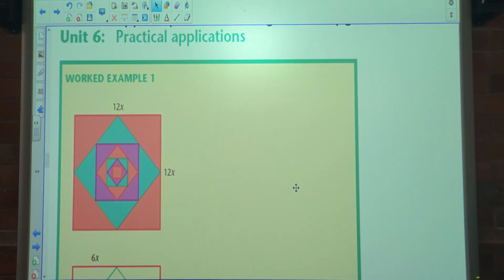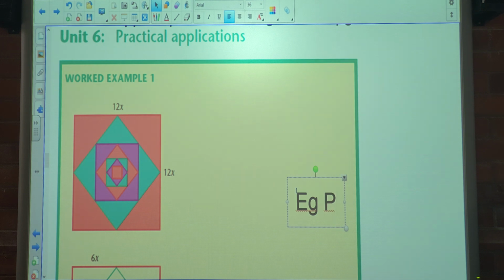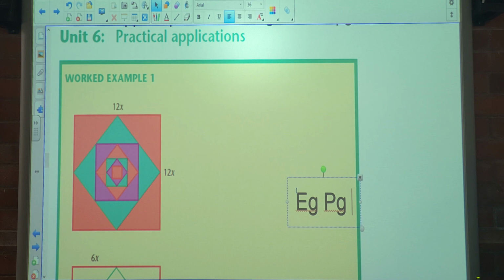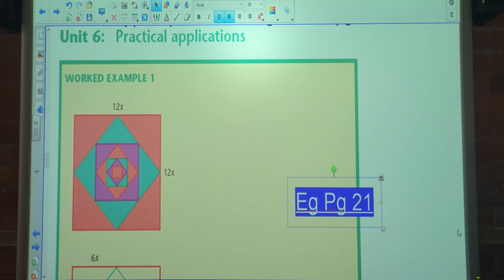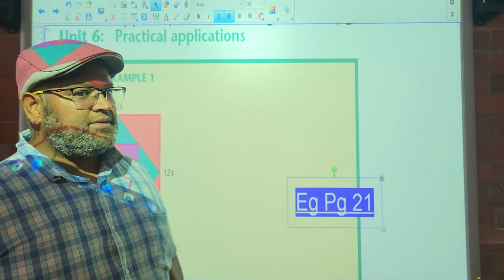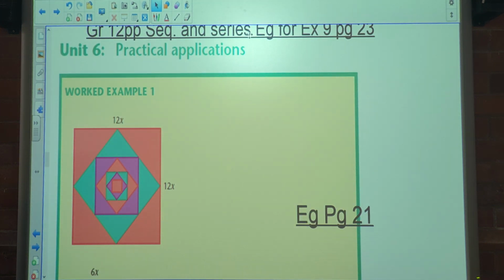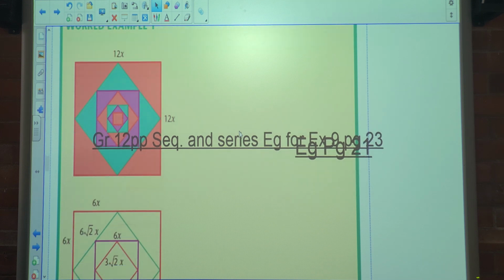And this is the example on page 21. Okay. So practical applications, with example 1.